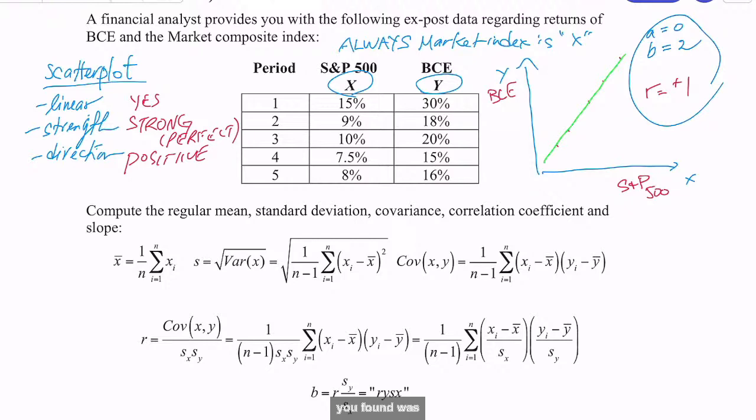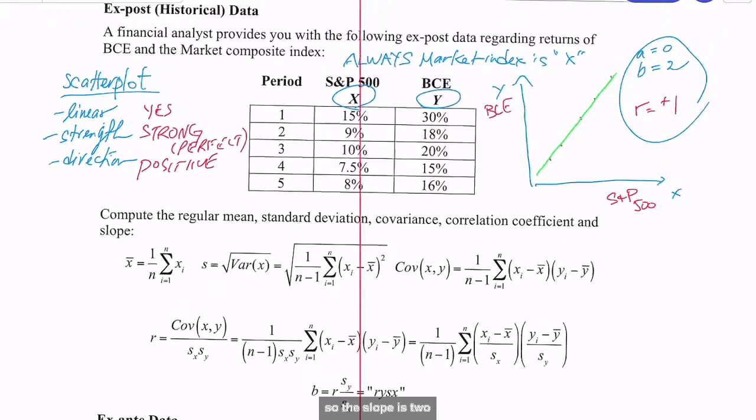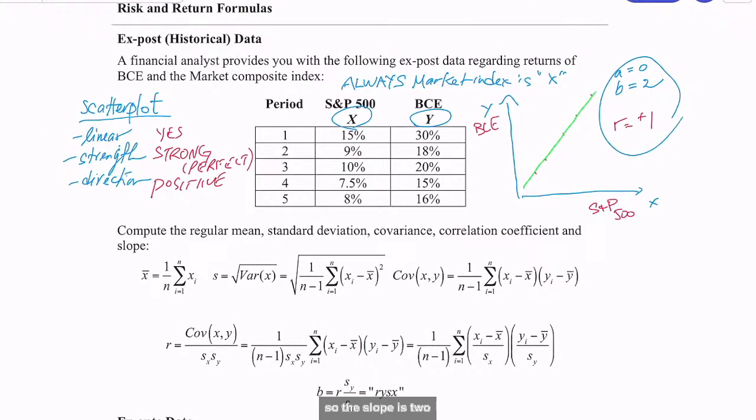So what you found was A is the y-intercept, so it just goes through here, right? B is the slope, so the slope is 2. So this is the y-intercept.